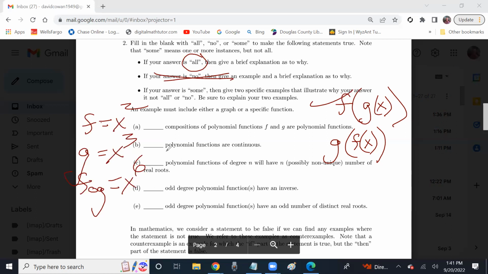If we think that it's some, then we have to figure out a function where it does not result in a polynomial. And I can't.